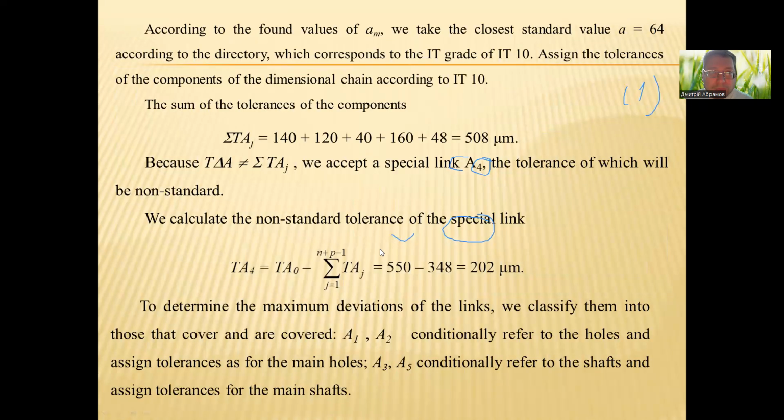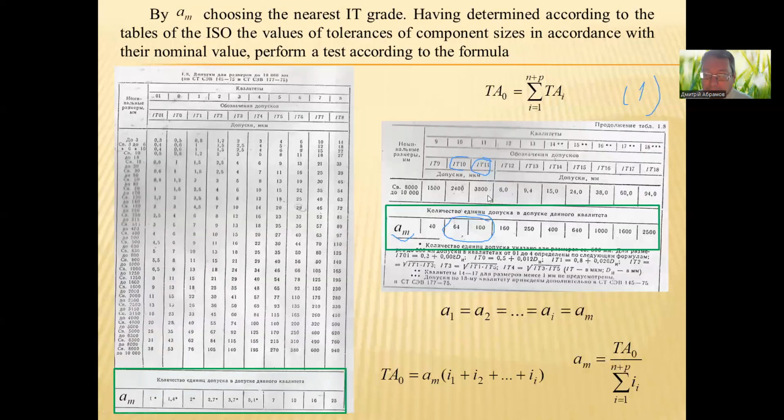According to the found values of AM, we take the closest standard value. It's 64. We have 69, the closest standard value is 64. So we choose IT grade IT10.